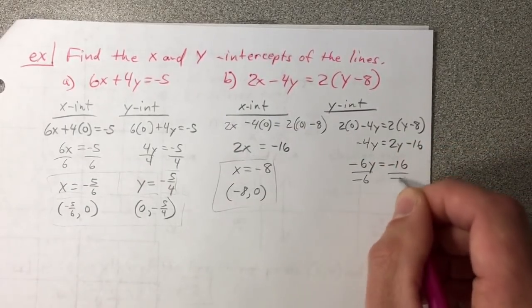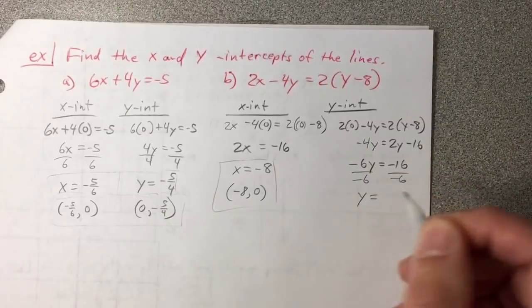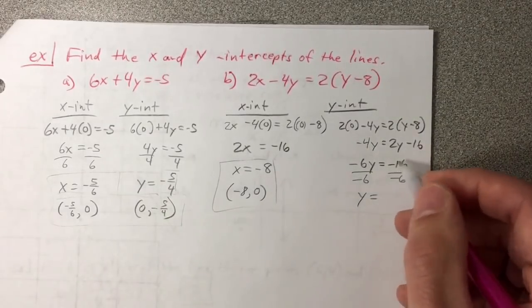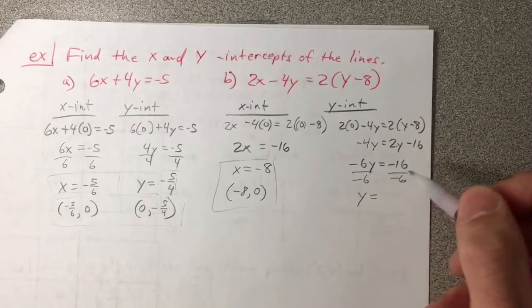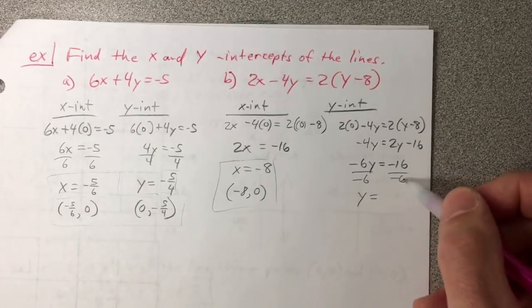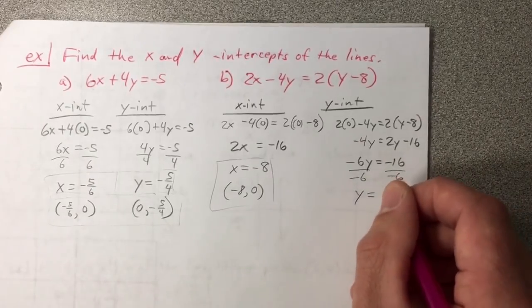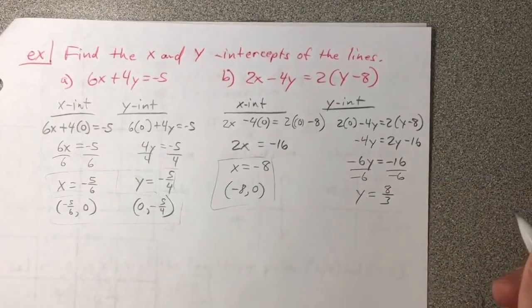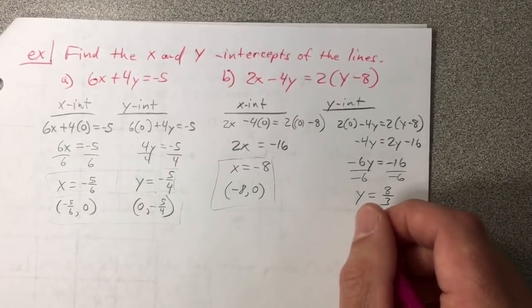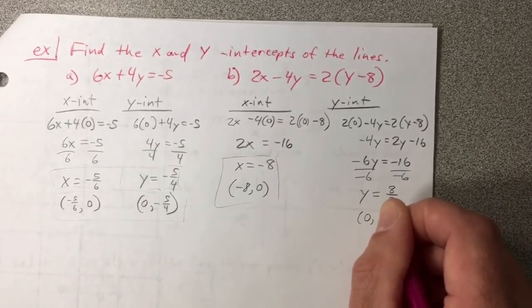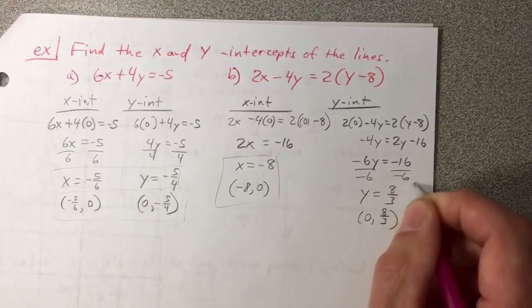Divide by negative 6, divide by negative 6. I will simplify that a little bit. Negatives divided become positive, and 16 and 6 have a common factor of 2, so we can divide those out. We get 8/3. And again, y-intercept is a coordinate, so I want you to think of it as 0, 8/3.